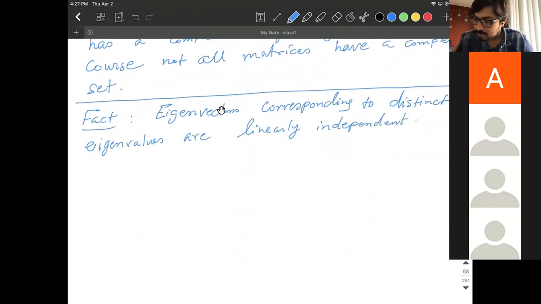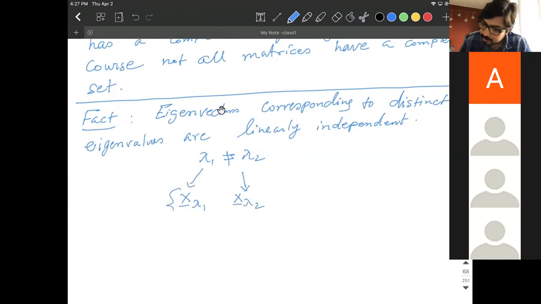So what does it mean? Suppose we have two eigenvalues, lambda 1 and lambda 2, such that they are not equal. And let's say you have an eigenvector corresponding to lambda 1 and another one corresponding to lambda 2. Then this set is linearly independent.